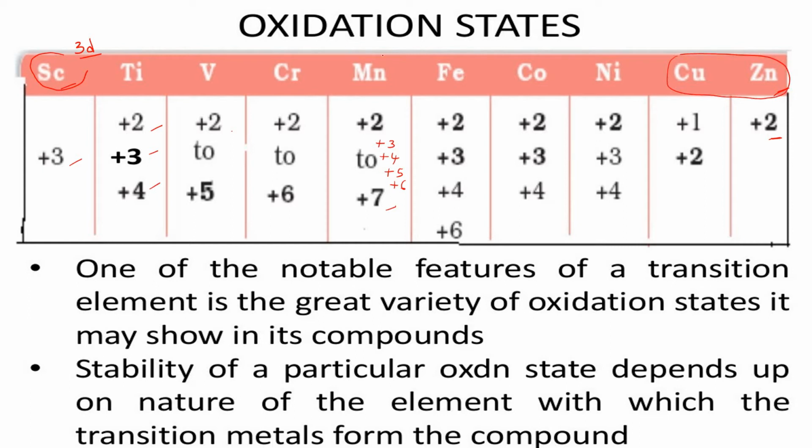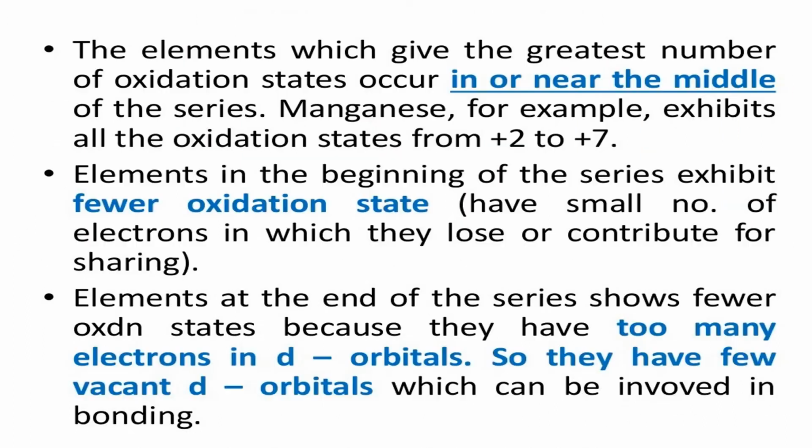Manganese is a middle element. Middle elements exhibit more oxidation states, while the ending and starting elements exhibit fewer. That means starting and ending elements exhibit fewer oxidation states, whereas in the middle part they exhibit more. This we discuss very simply.